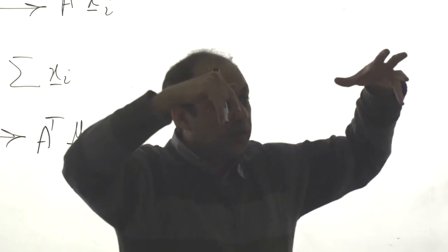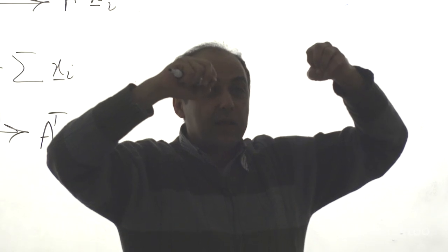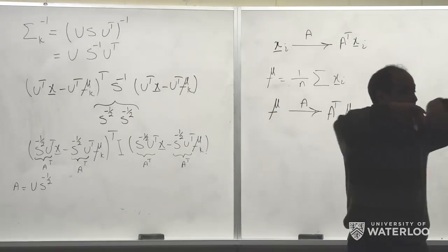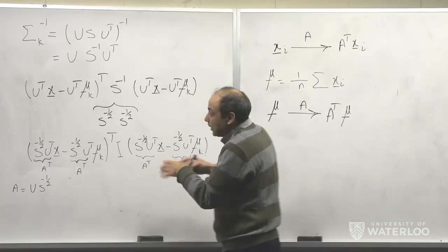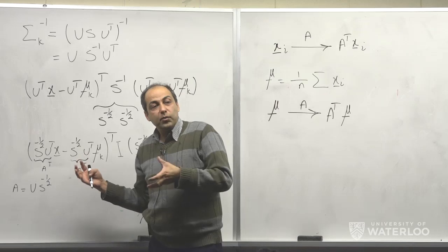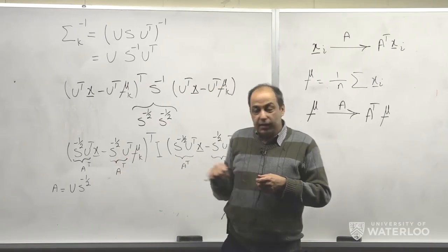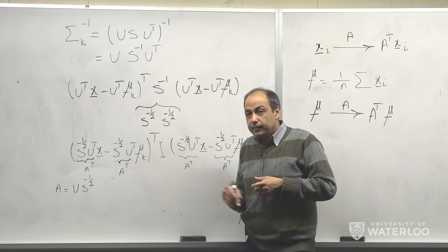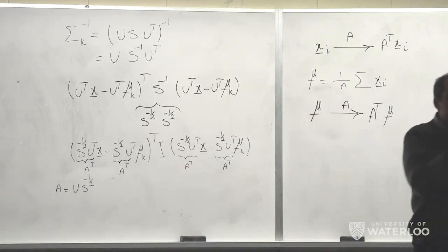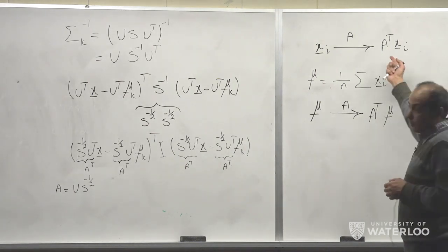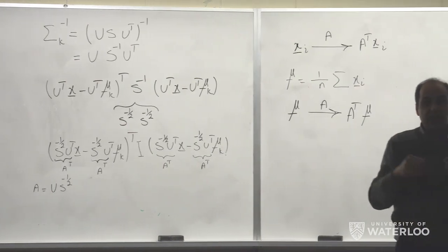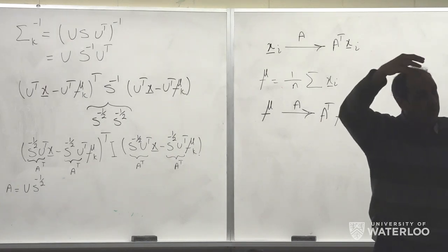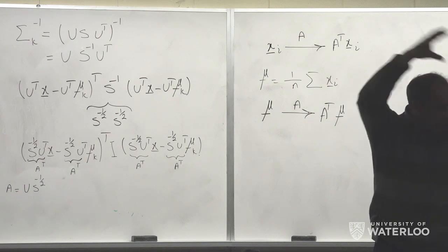I decomposed sigma, I absorbed the decomposition inside the bracket from both sides, and I concluded that it can be written in a form that is similar to case 1, the case that the covariance matrix is identical. So in fact, there is a transformation that can be applied to a non-spherical Gaussian and make it spherical.